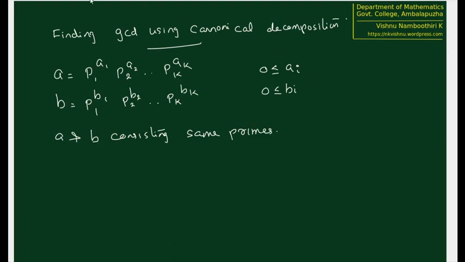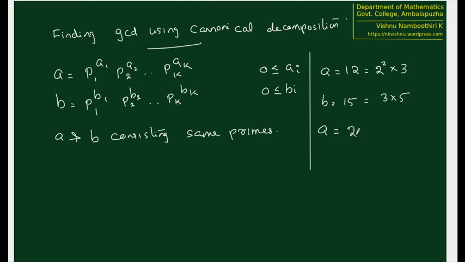So for example, suppose that we consider the two numbers A equal to 12, which is equal to 2 square into 3, and suppose B is equal to 15, equal to 3 into 5. To make it look like this, we will rewrite A and B in the following way to match the primes in both these numbers.